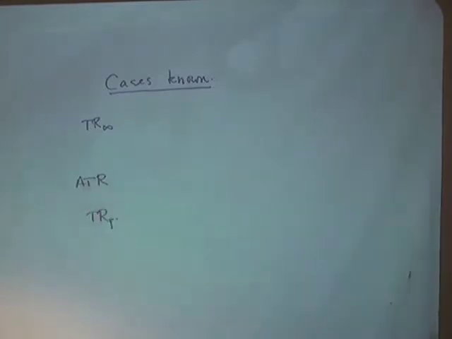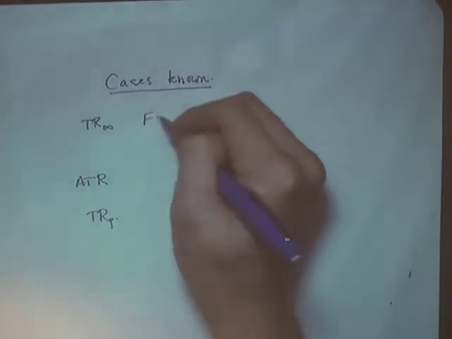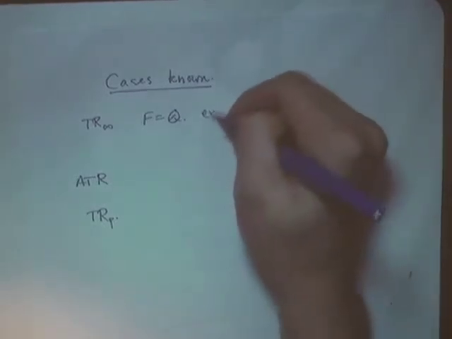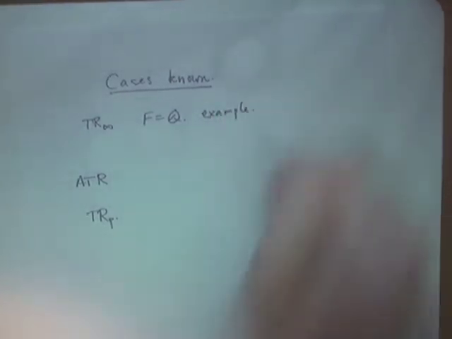And in the ATR case, every complex place automatically splits completely, so we don't need a subscript there. So what's known in these three cases is, for the case F equals Q, in TR infinity, this is really the cyclotomic example that Samit worked out for us.